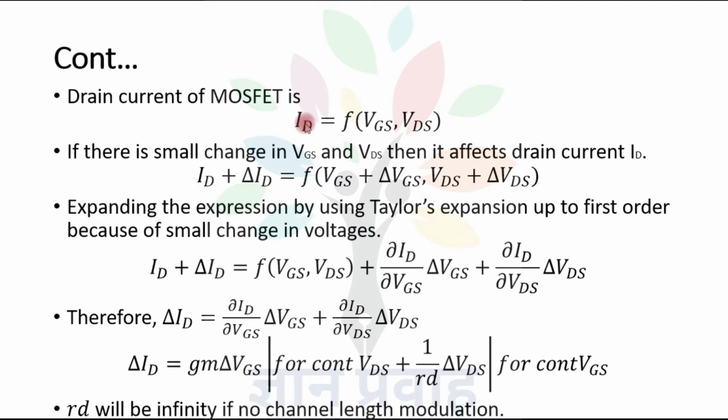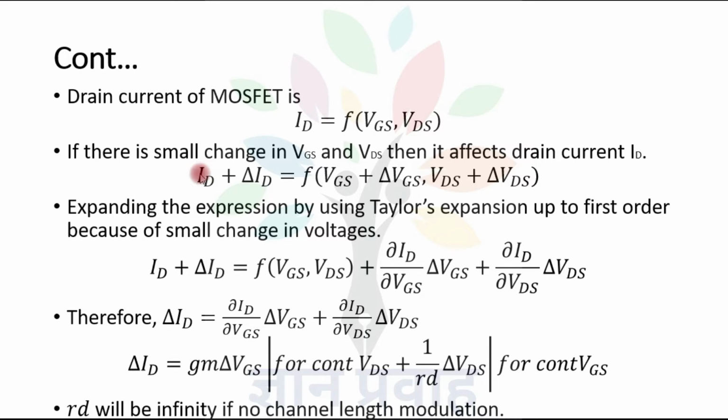Due to this small change in VGS and VDS, drain current is also changed by a small value, and this small value is delta ID. Therefore, the overall drain current of a MOSFET due to DC and AC components is ID plus delta ID.